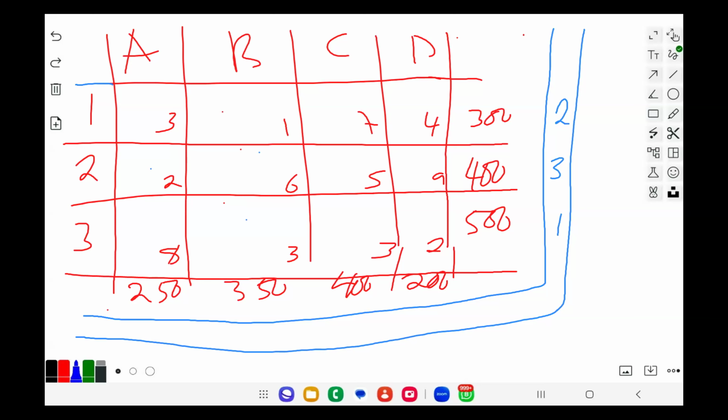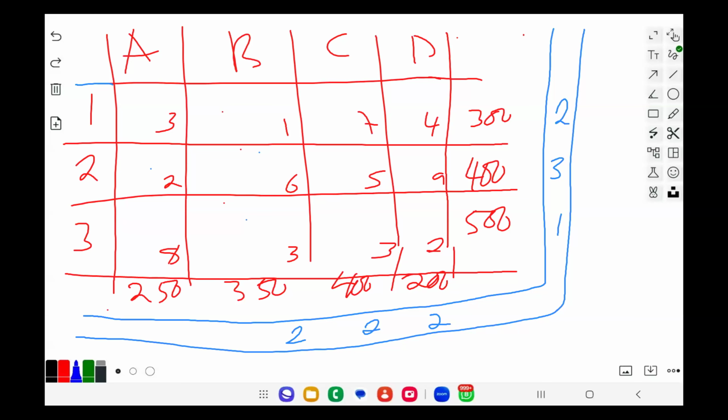The minimum is 2 followed by 4, giving us 2. 3 and 5, giving us 2. 3 and 1, giving us 2. And the second one was 3 and 2, which is 1.